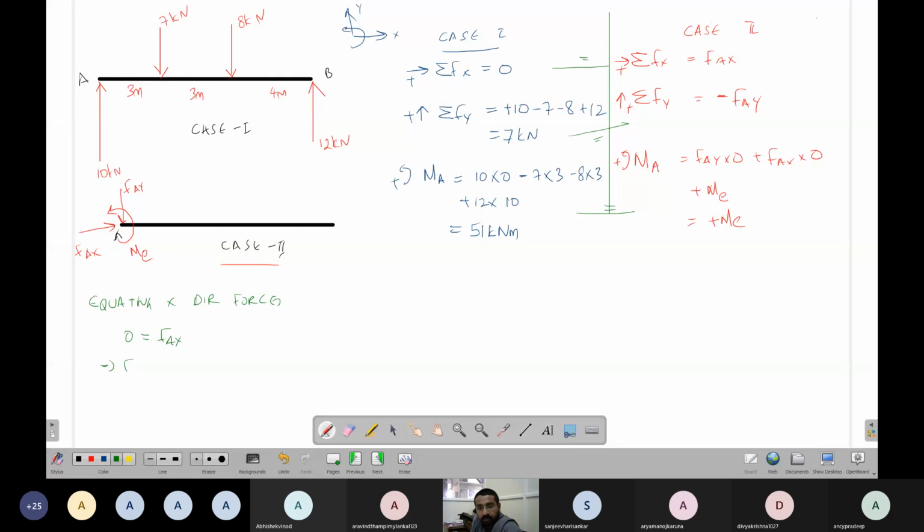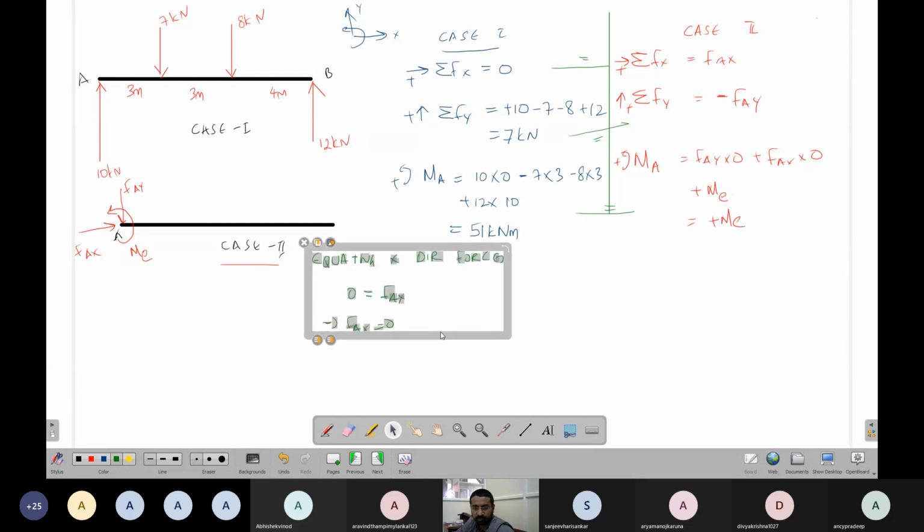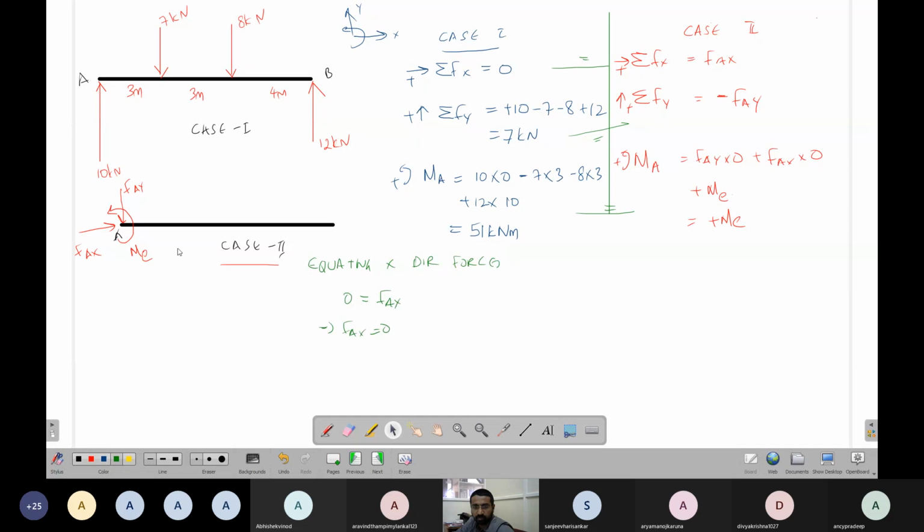This gives me F A x equal to 0. Now equating y direction: 7 equals minus F A y. So this means F A y equals minus 7 kilonewton.